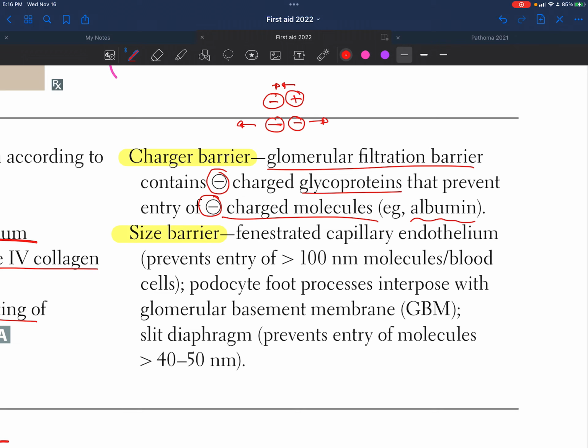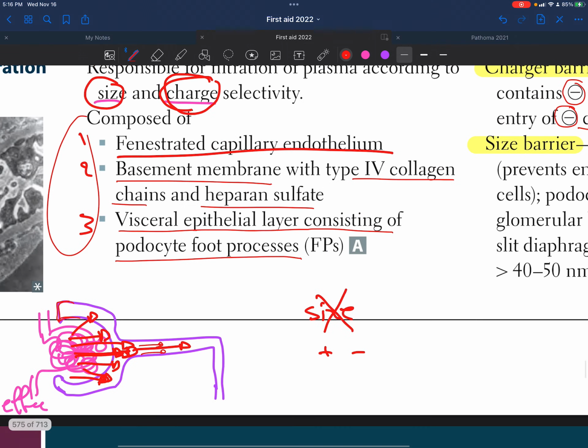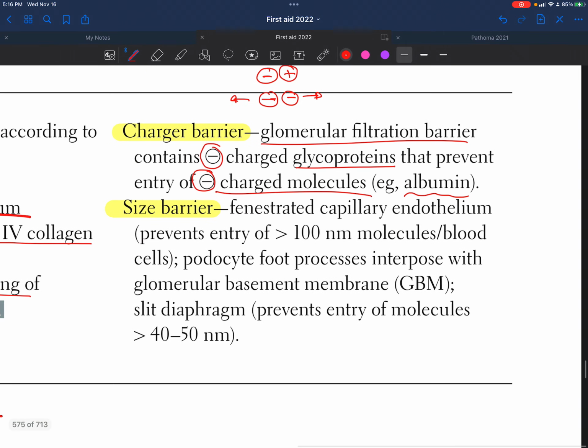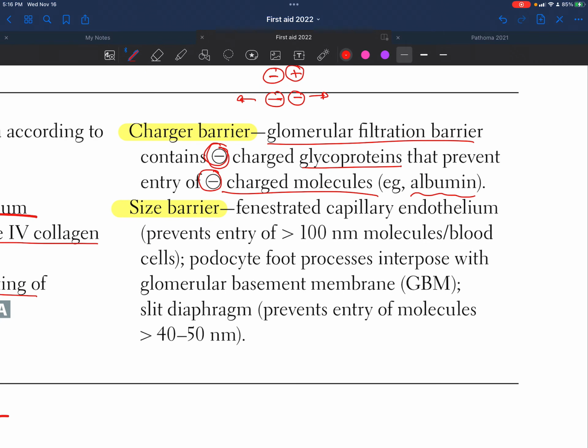Something to know for a fact is that the barrier of the glomerulus is negatively charged. The blood contains albumin, for example, which also has a negative charge, so it is unable to flow through that barrier.